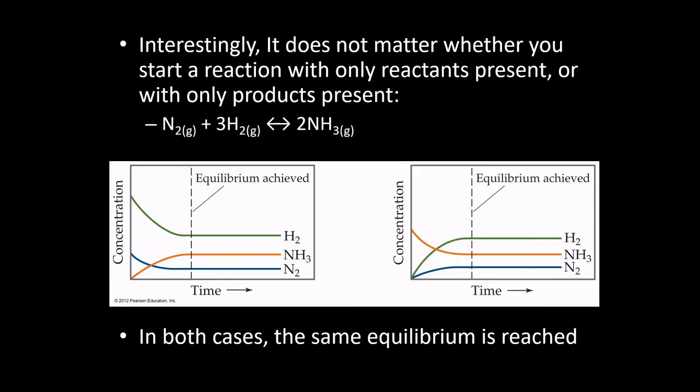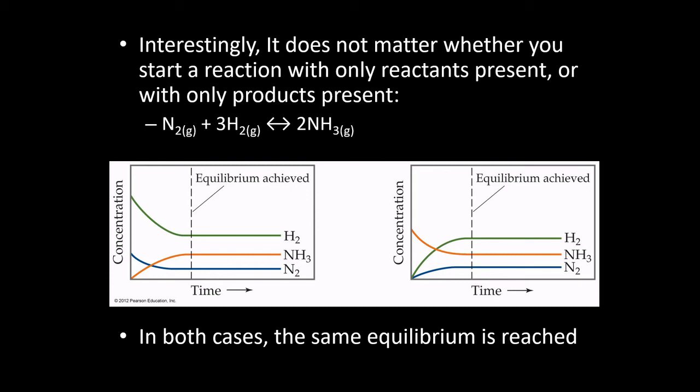And it does not matter whether you start a reaction with only reactants or products, as long as you have either every reactant or every product. In both cases, you're always going to reach the same equilibrium.